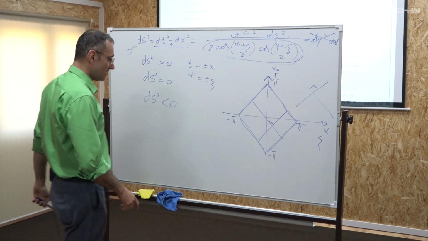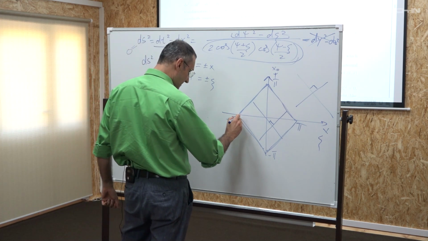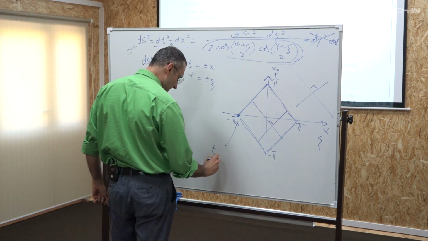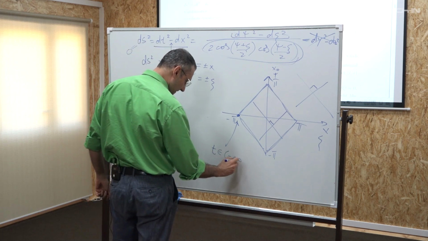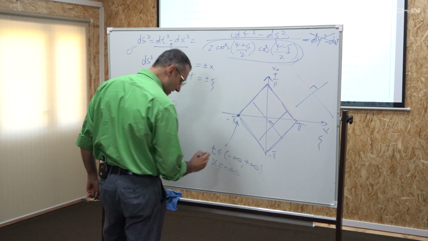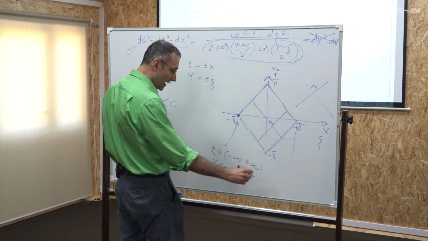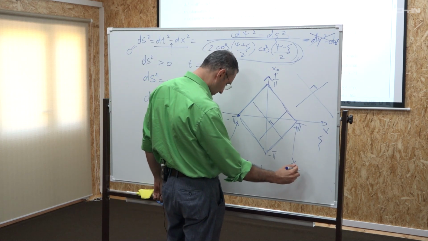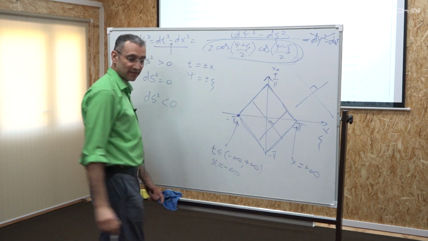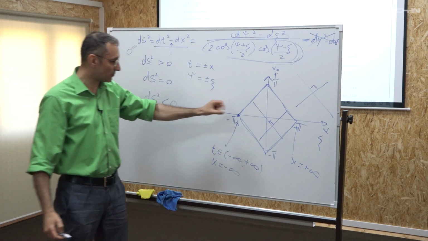So, now, what is this point? This point is essentially the whole line t from minus infinity to plus infinity at x equal to minus infinity. This point is the same line at x equal to plus infinity. So this point is the entire time-like line mapped to a point.